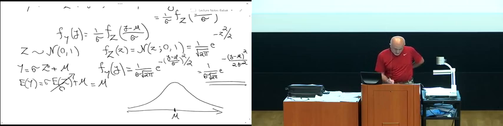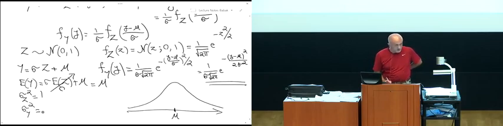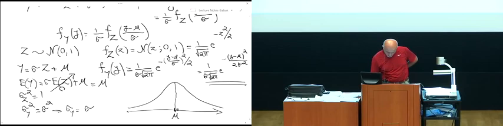And Z has unit variance. What's the variance for Y? Didn't we say it's the square of whatever this scaling quantity is? Didn't we just derive that? So it's sigma squared, which means the standard deviation for Y is simply sigma. So I'm looking at a Gaussian with standard deviation sigma and mean of mu.